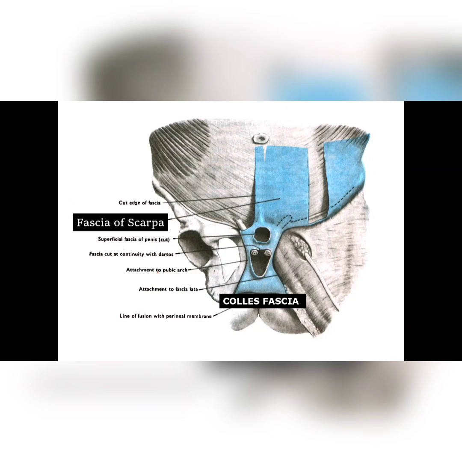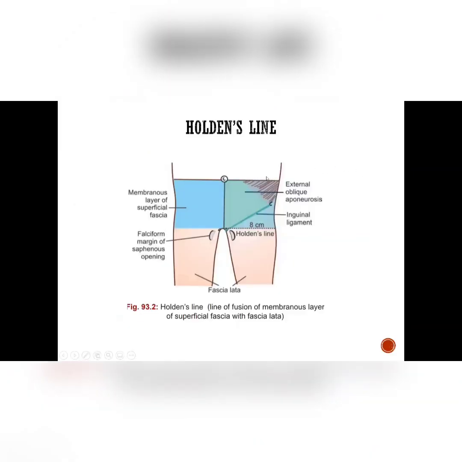Scarpa's fascia continues as Colles' fascia within the perineum. Also, the Scarpa's fascia extends below the inguinal ligament. It's a small part of Scarpa's fascia continuing into the lower limb up to a line called Holden's line.